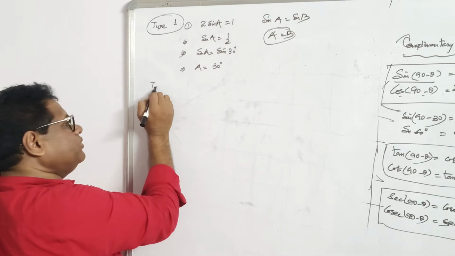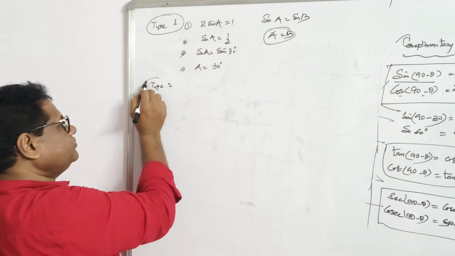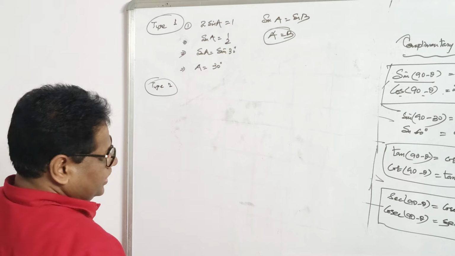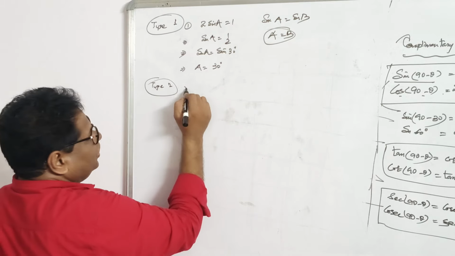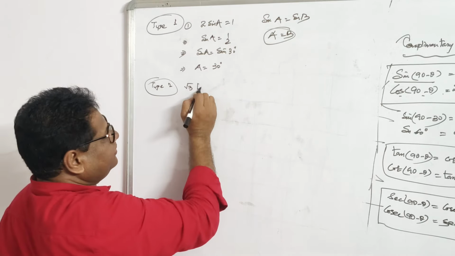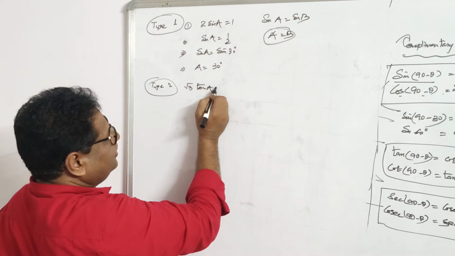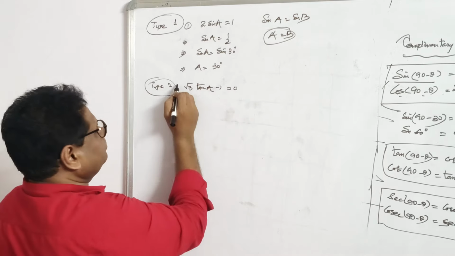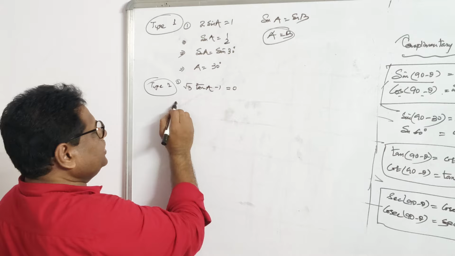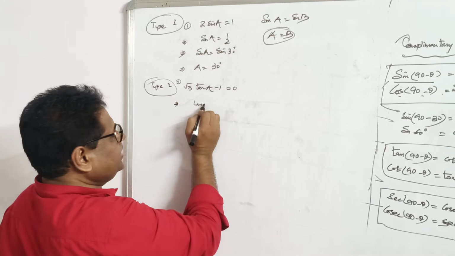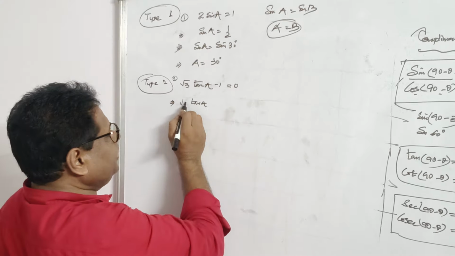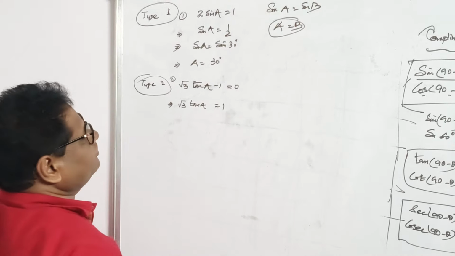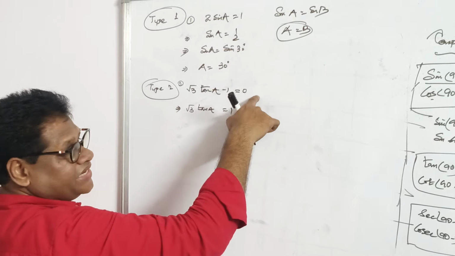Now let us take a type 2 question, in which we are taking root 3 tan A minus 1 equals 0. This can be solved like this: root 3 tan A equals 1. First of all, shift this number to the right hand side.